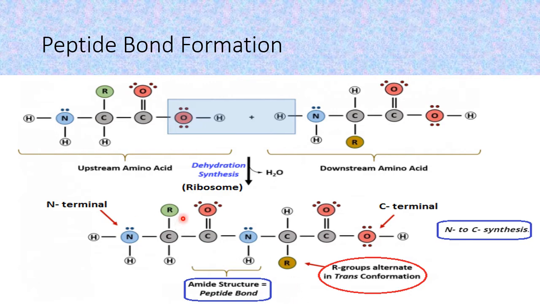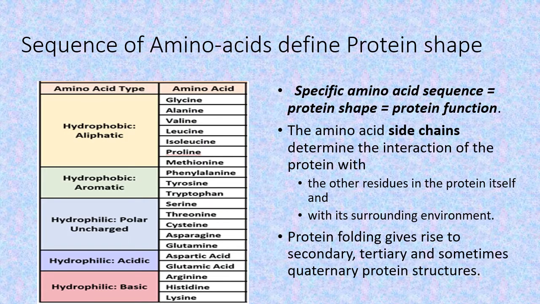So the conformation of these bulky groups, or the R groups, in the adjoining amino acids is normally the trans conformation. So in this way, peptide bonds are formed between adjoining amino acids.